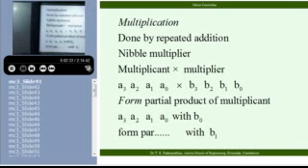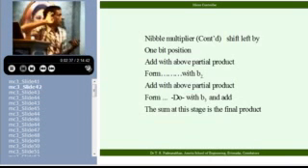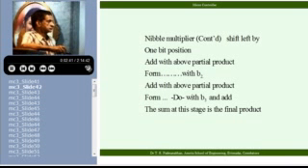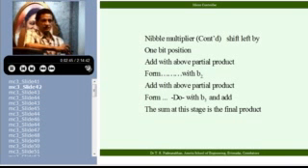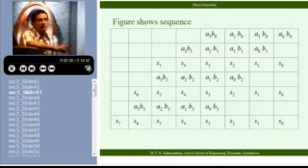That's okay? I'm just revising what we went through maybe 30 years back. After you do the final addition of all the partial products, which are properly aligned, you get the final product.